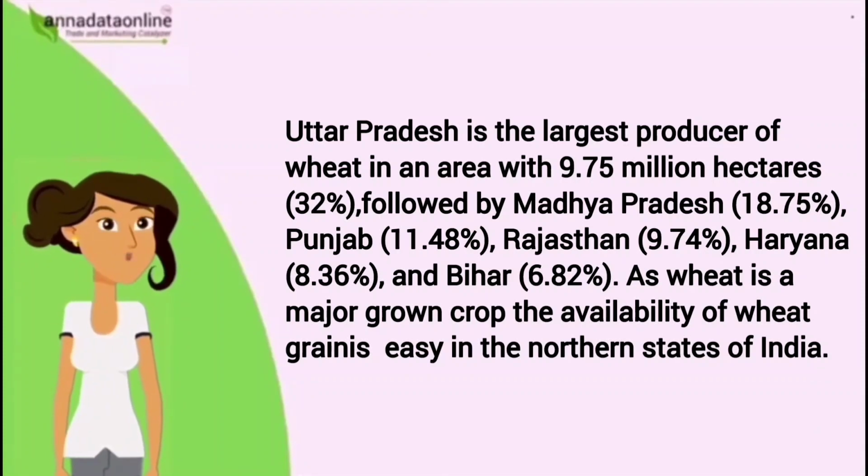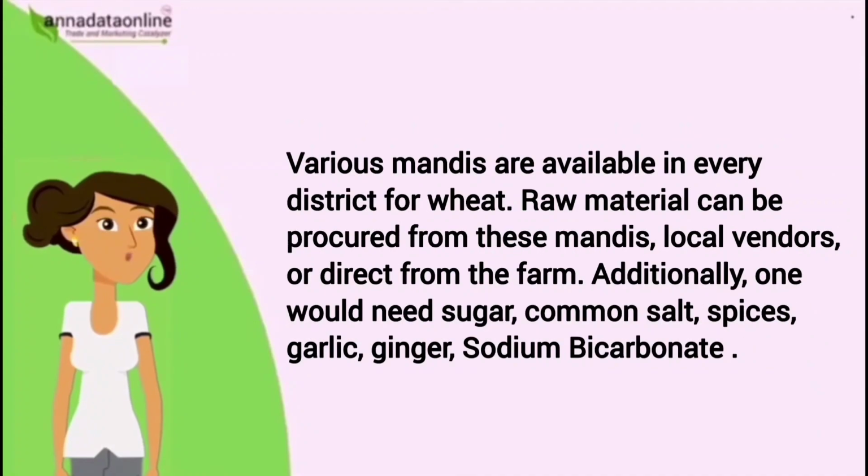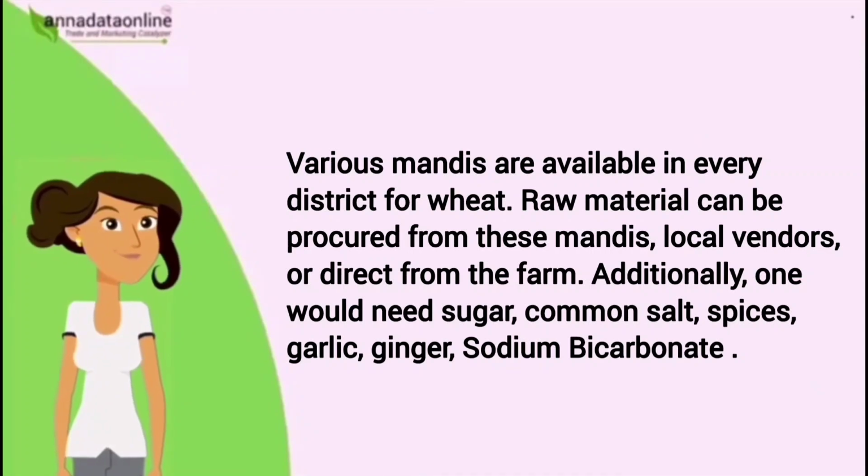As wheat is a major grown crop, the availability of wheat grain is easy in the northern states of India. Various mandis are available in every district for wheat. Raw material can be procured from these mandis, local vendors, or direct from the farm. Additionally, one would need sugar, common salt, spices, garlic, ginger, sodium bicarbonate.